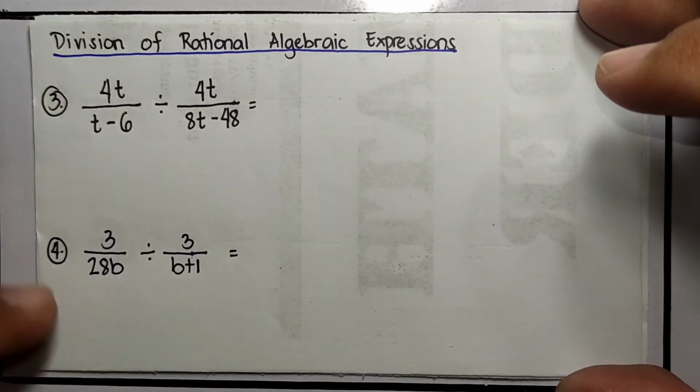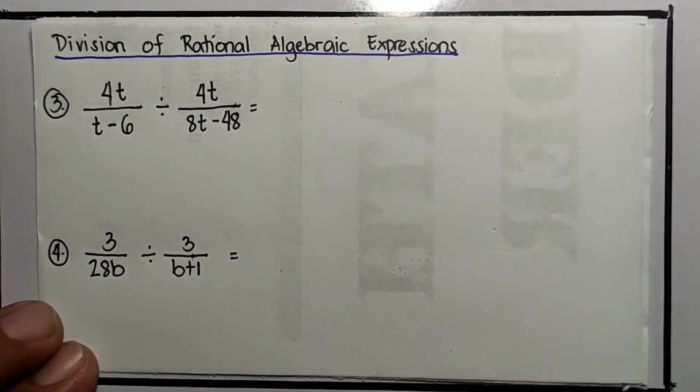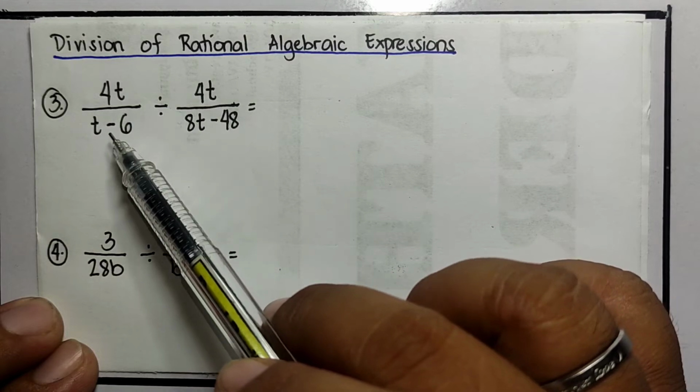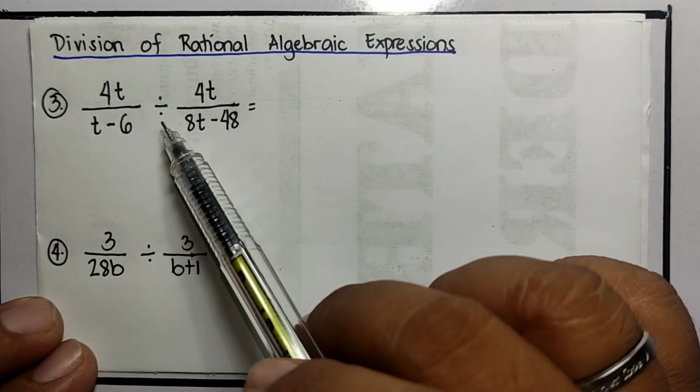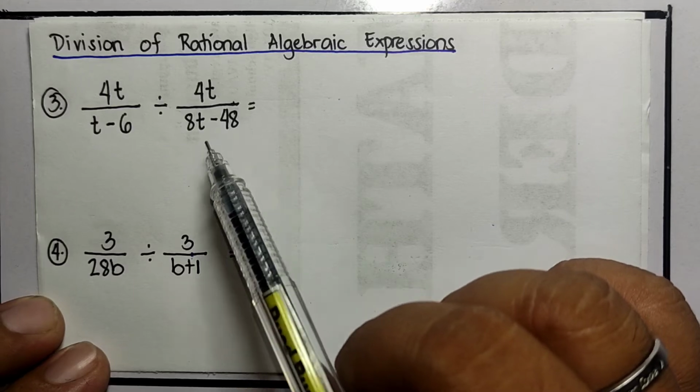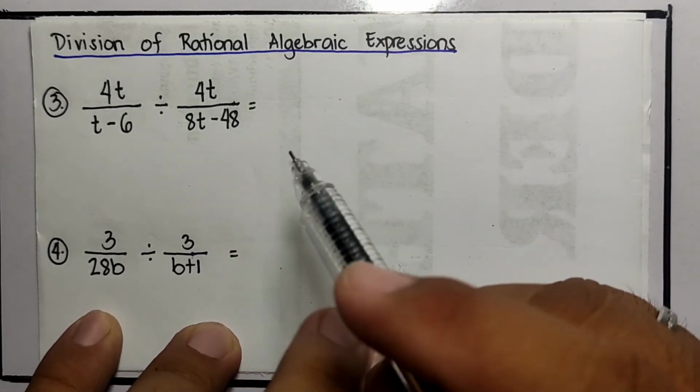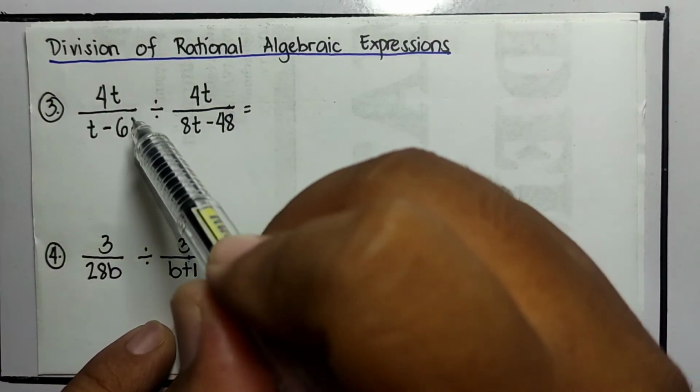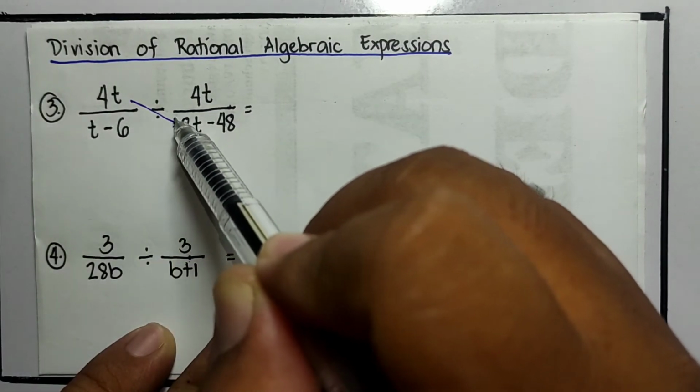Let's proceed to the third and fourth example. Third example: 40 over t minus 6 divided by 40 over 80 minus 48. The first rule, cross multiply.